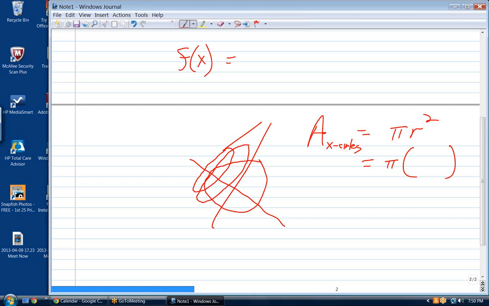Mm-hmm. And do you see that? In other words, if you look at the brown circle, every brown circle's radius is the y measurement of the base circle. So if we solve that equation of the base circle for y, it comes out to be y equals the square root of 1 minus x squared. So that's the radius of each of our cross-sectional circles.